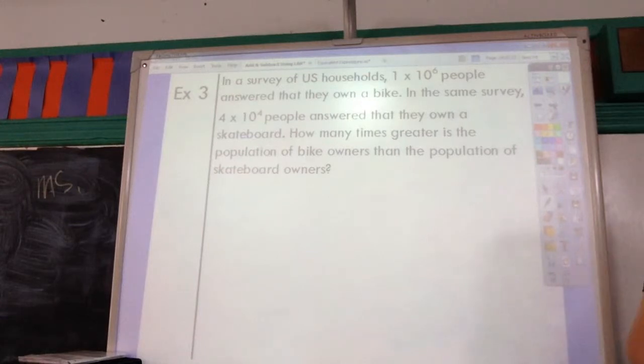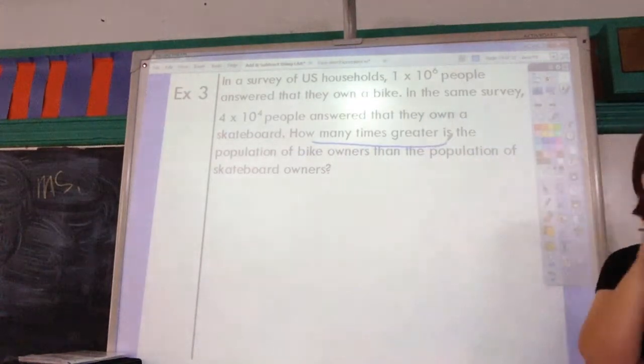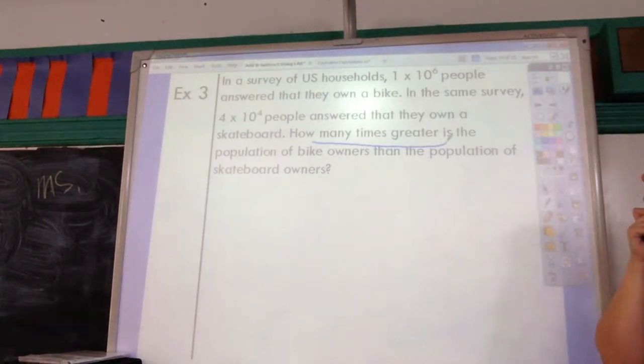In the same survey, 4 times 10 to the 4th people answered that they own a skateboard. How many times greater is the population of bike owners than the population of skateboard owners?